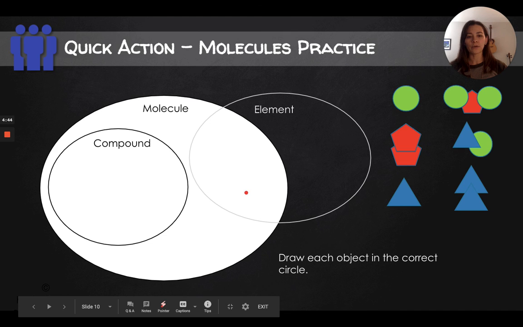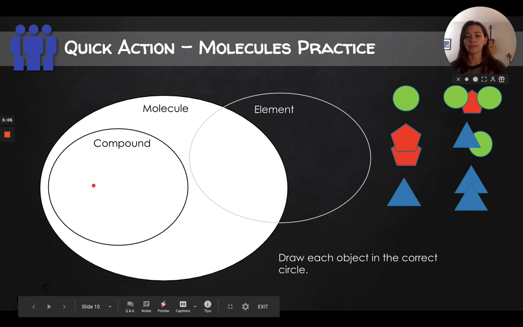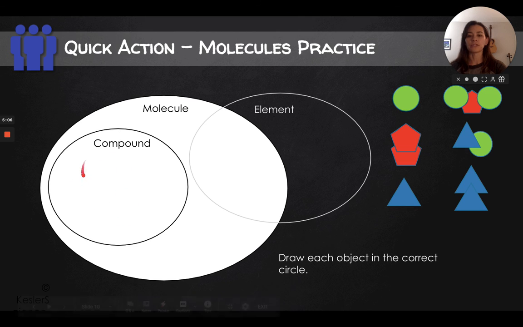Figure out if these were all representing different atoms, each of these different colored shapes was a different atom, and the ones that are touching each other are bonded together, then figure out if they would go under compound, molecule, or element. If it's an element that's also a molecule, or if it's a molecule that's not a compound, or if it's a compound, which is also a molecule. Take a second and do that.